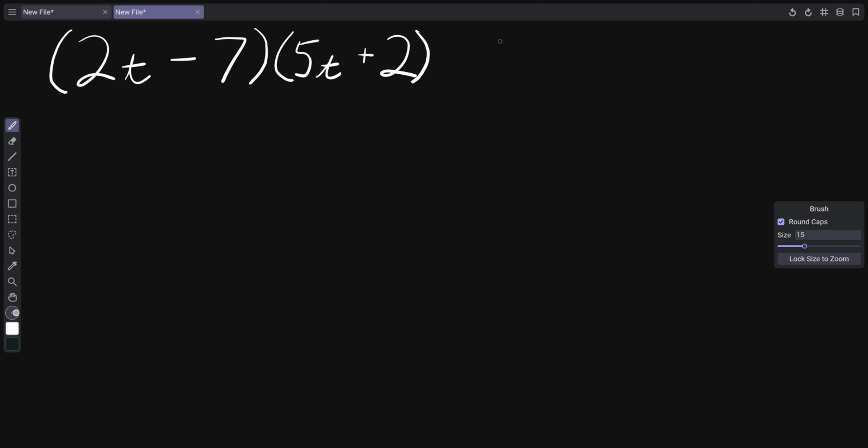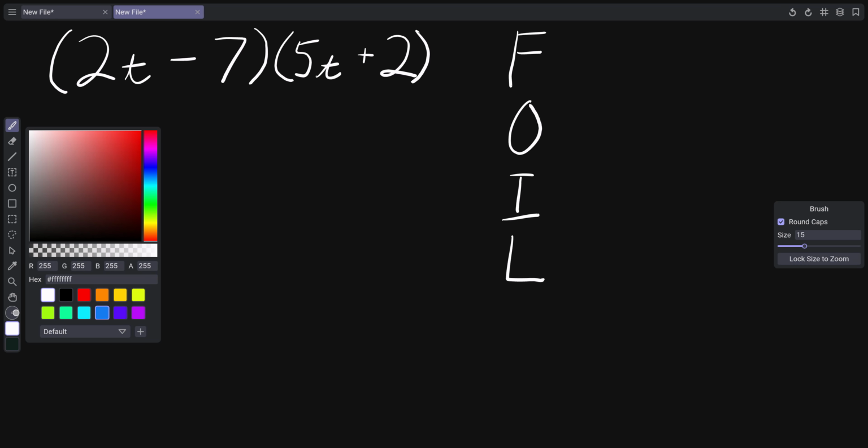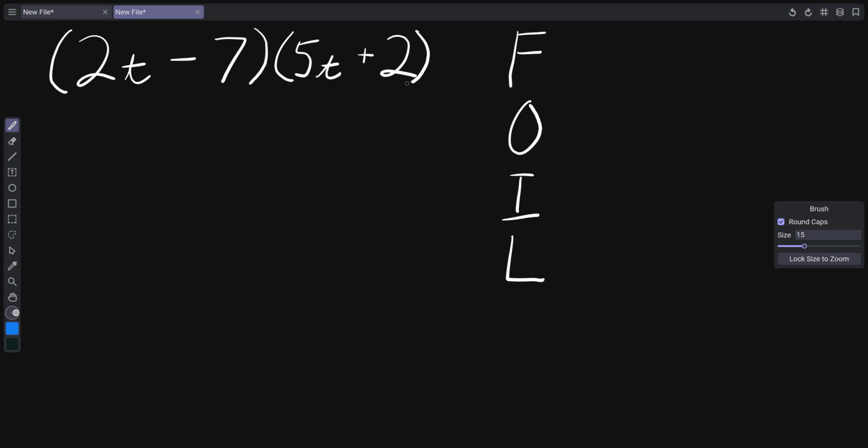We'll still be using the FOIL method. So I'll write it over here, FOIL. Right, and now we can get to multiplying these. So the F stands for first, and the first terms here are going to be the 2t and the 5t.